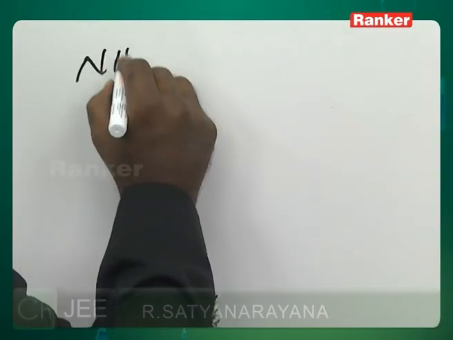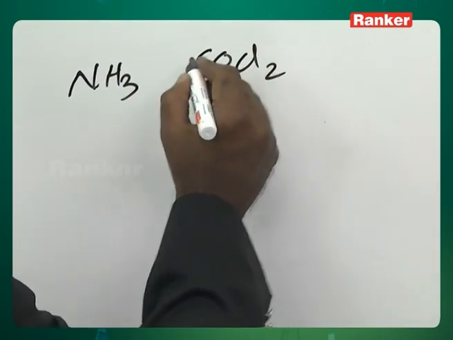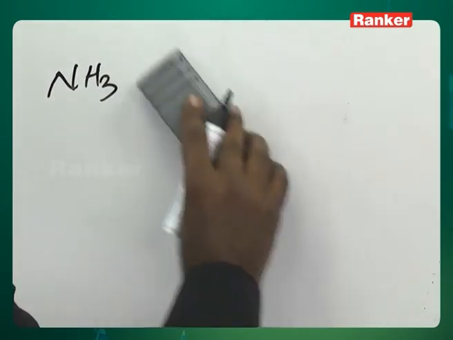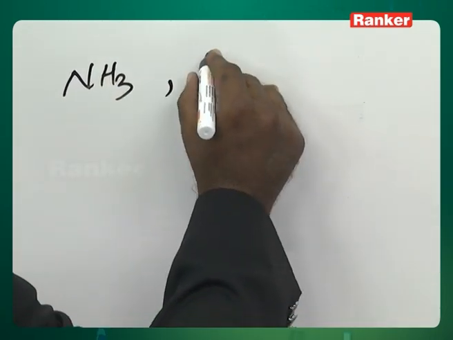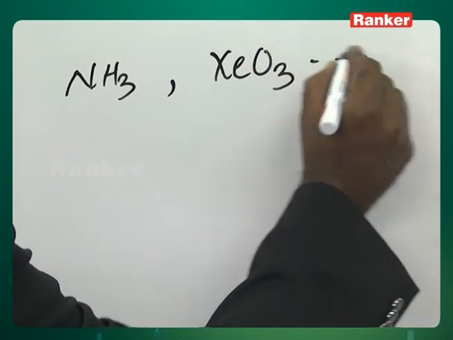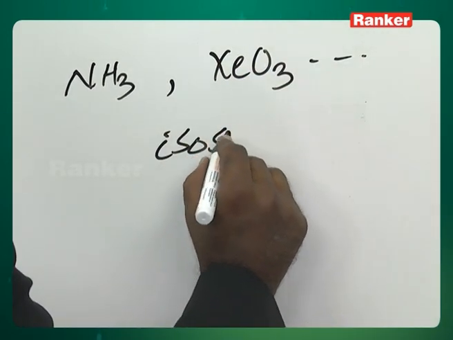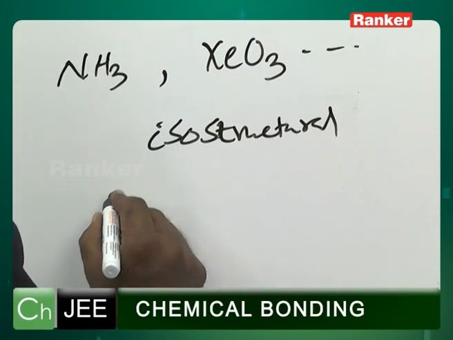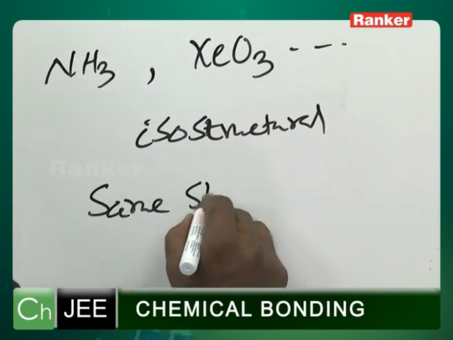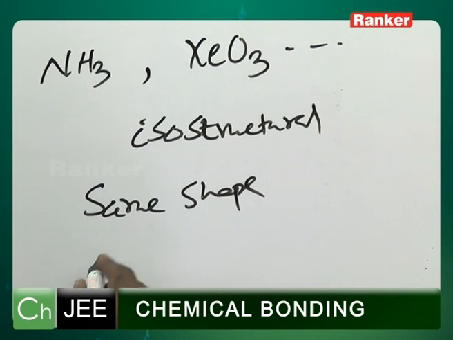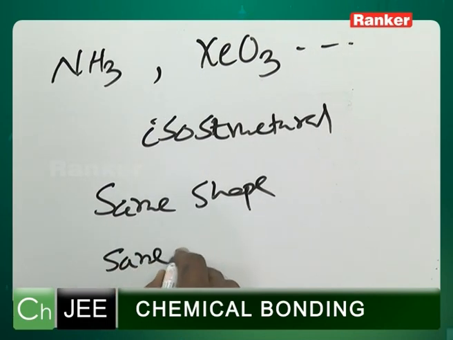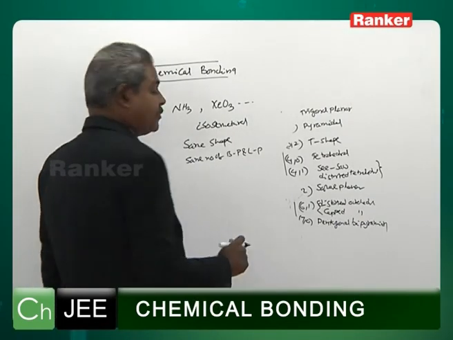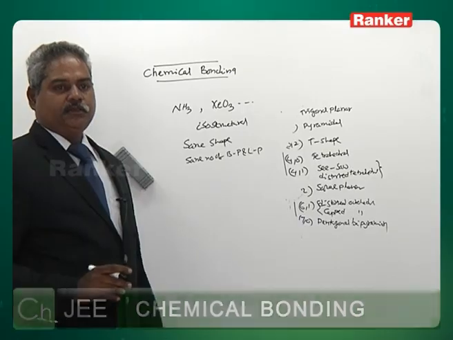So ammonia, SOCl2 or SOF2 for that matter, XeO3, all these are isostructural. What do you mean by isostructural? Same shape, that is, same number of bond pairs and lone pairs.